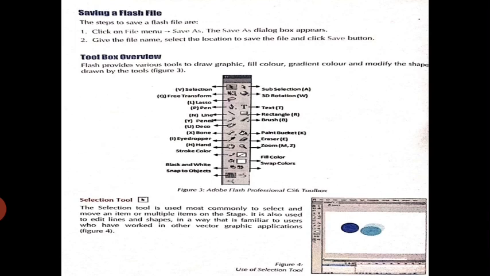So let's see: selection tool, free transform, lasso tool, pen tool, line tool, pencil tool, deco tool, bone, eyedropper, hand tool, stroke tool, black and white tool, snap to object, fill color, swap color, zoom, eraser, paint bucket, brush, rectangle, text, 3D rotation, sub selection, etc. We will discuss in this chapter each and every tool line by line, and in the next class I will show you practical use of all these tools.